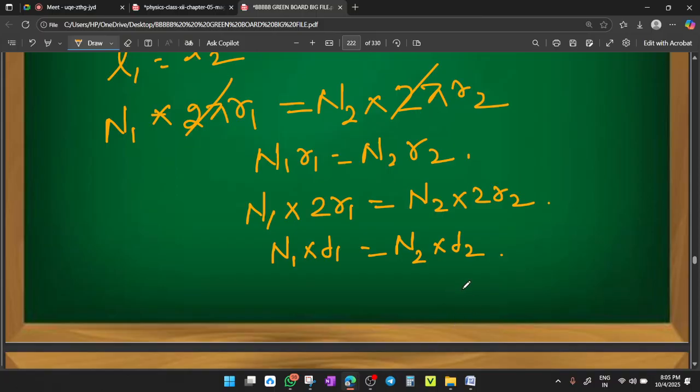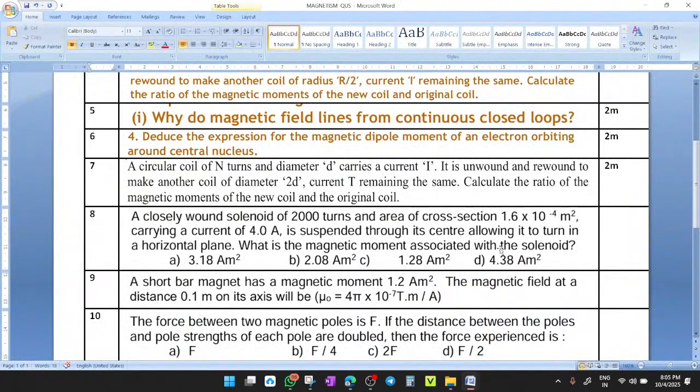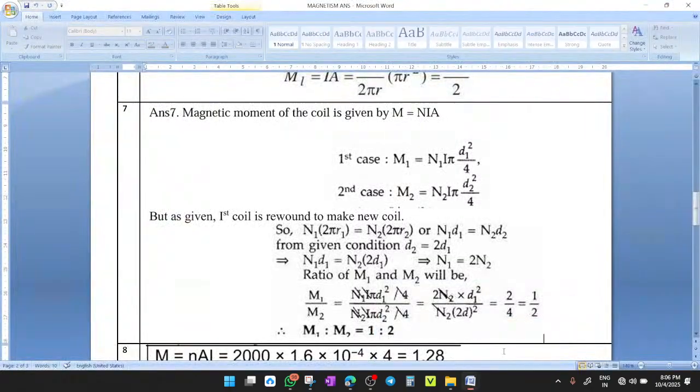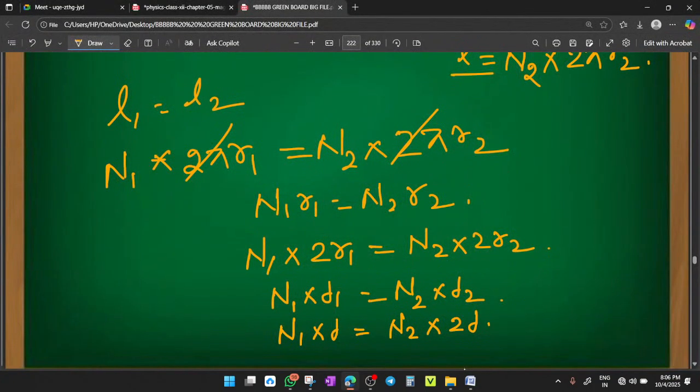In the question, it is given that the other coil's diameter is 2D. If D1 equals D, then D2 equals 2D. Now cancel D and D, and N1 equals 2 times N2.